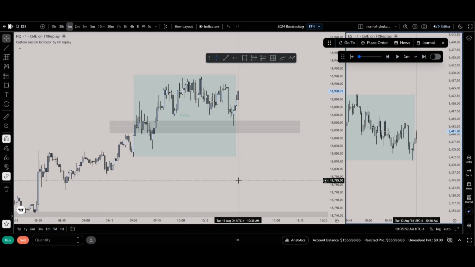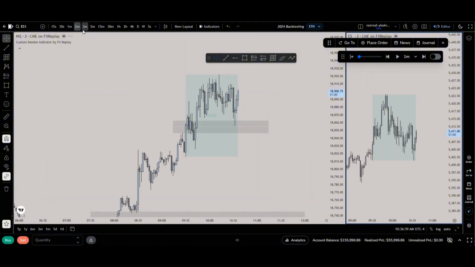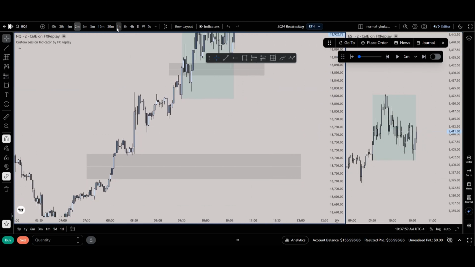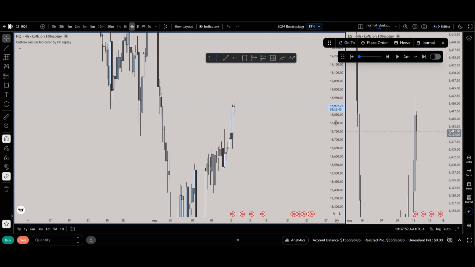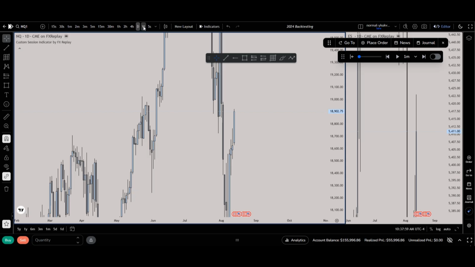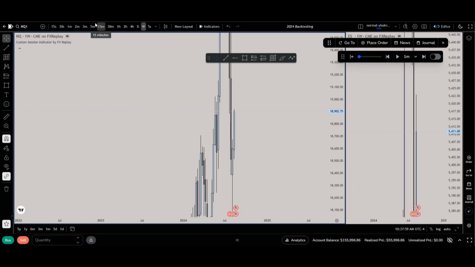Tap into that gap. You get inversion out of it. Wait till that closes. So is that the 15-minute gap we made? We took out some liquidity. ES swept out that. 4-hour candle inverse this. We're looking pretty good displacement wise.